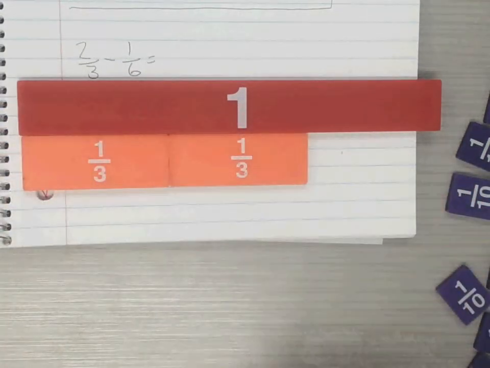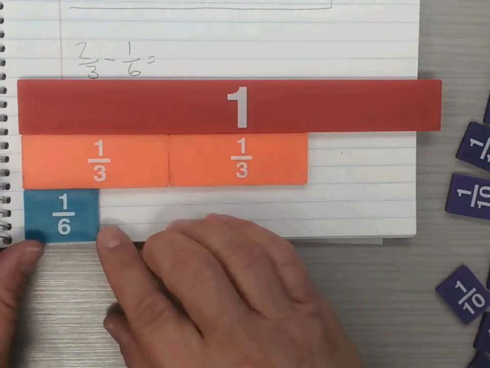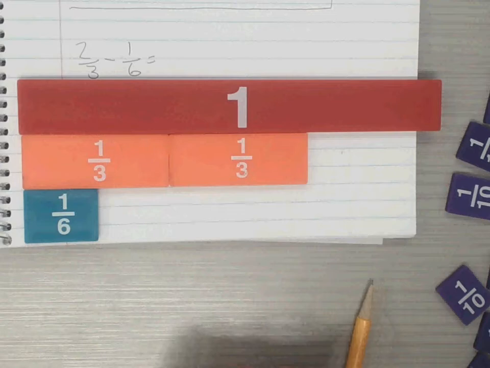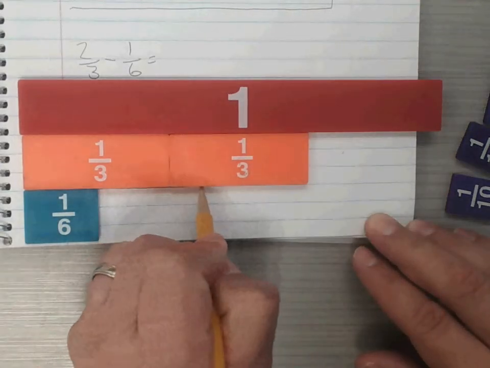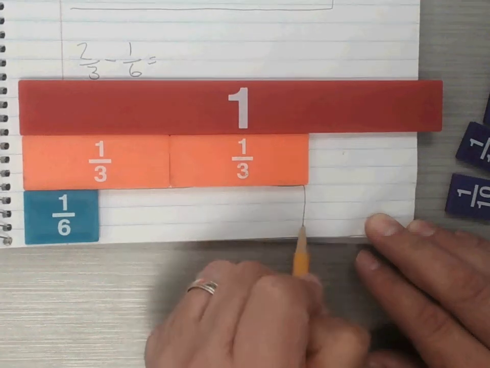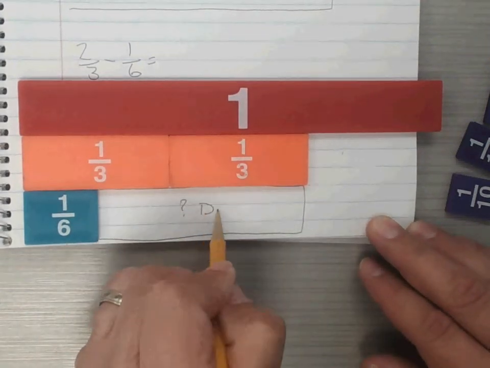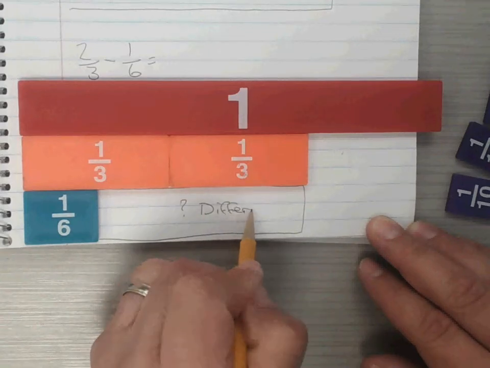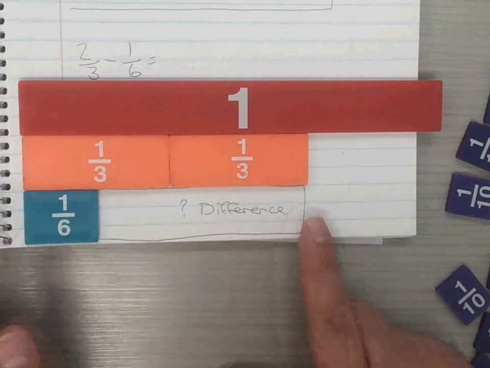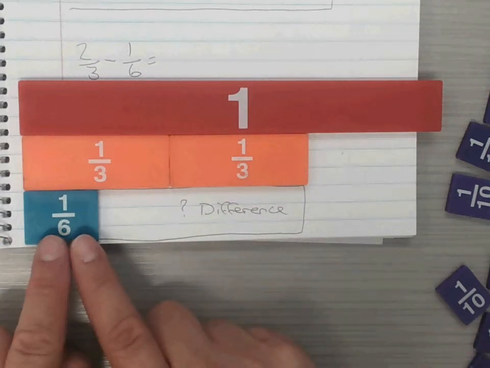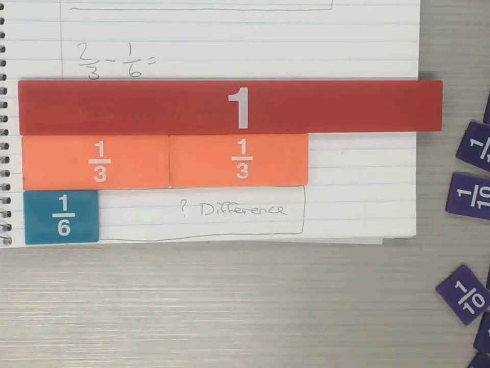We're taking away 1/6. So I'm going to put him right there. Well, what's going to fit? Here's my difference. And what's going to fit in my difference box? This is how much more is left of 2/3 after we take away 1/6.